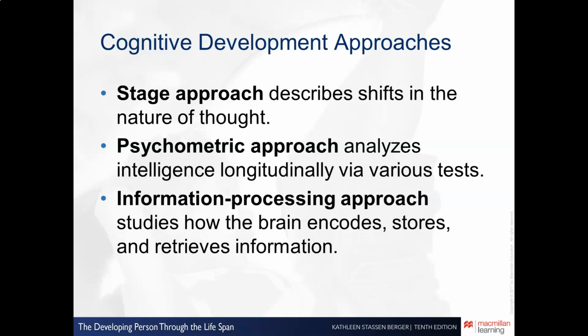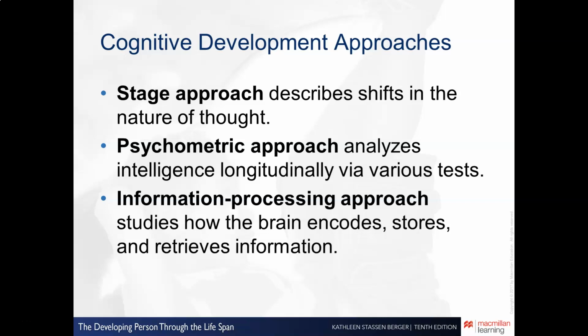That refers to observing and measuring over a long, extended period of time. So that can be analyzing intelligence from age 15 all the way up into 25 or something. And that would be the longitudinal approach.